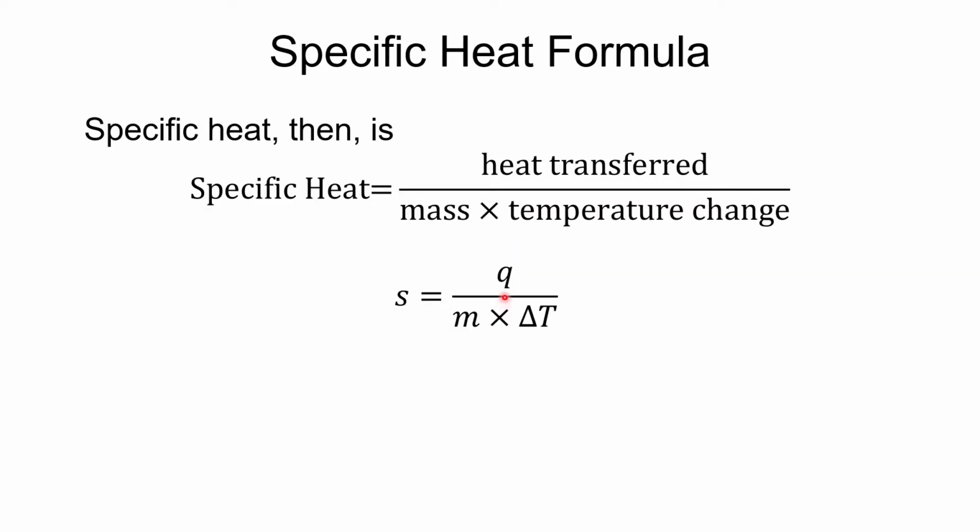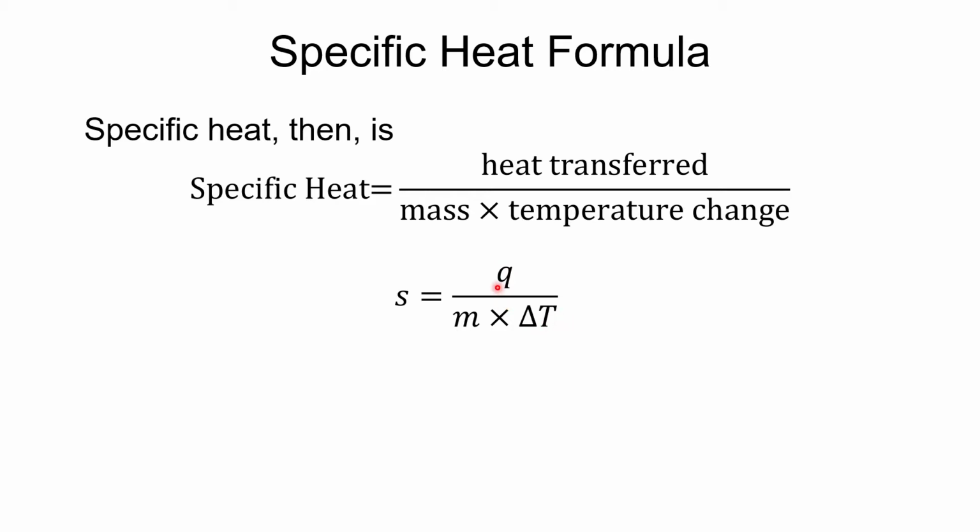All right. So specific heat, we've actually already seen this formula in a slightly different form a little bit ago. Specific heat is the heat transferred divided by the mass times the temperature change, whereas heat capacity is just the heat transferred divided by the temperature change. For specific heat, S is equal to Q, which is the heat, divided by M, the mass, times delta T, of course the change in temperature.